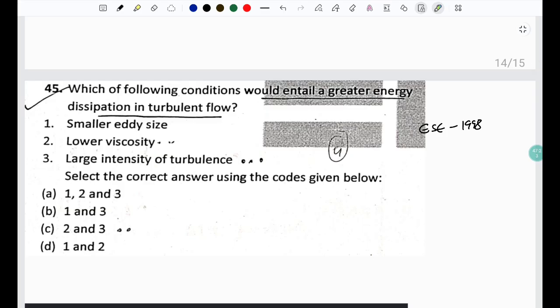The concept is that the energy dissipation in turbulent flow is mainly due to the conversion of kinetic energy of large eddies through viscous forces acting at smallest scales, that is smallest eddies.